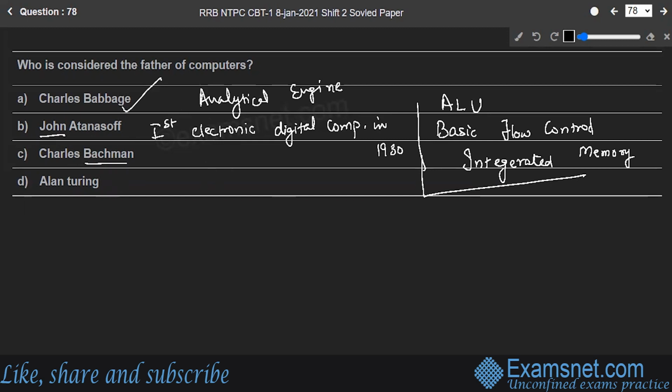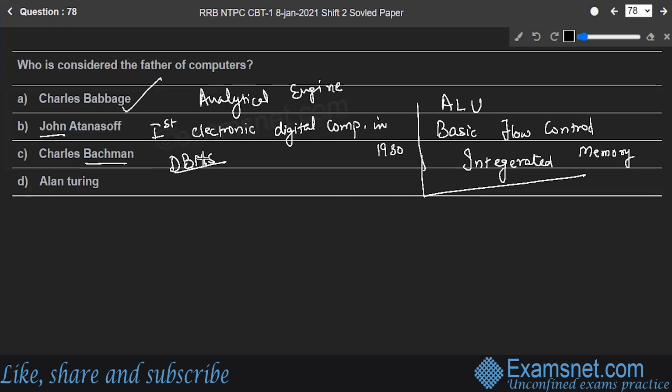If we talk about Charles Bachman, he was an American computer scientist, particularly known for his work in the early development of database management systems, DBMS. Then Alan Turing was a computer scientist, highly influential in the development of theoretical computer science.